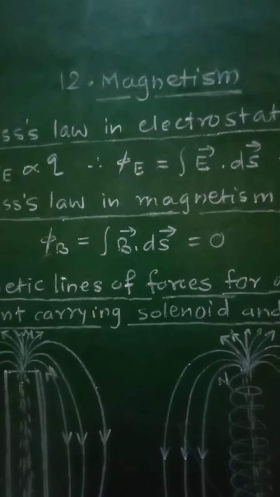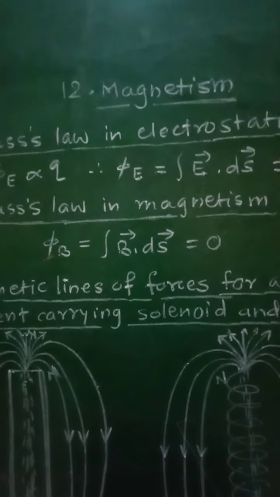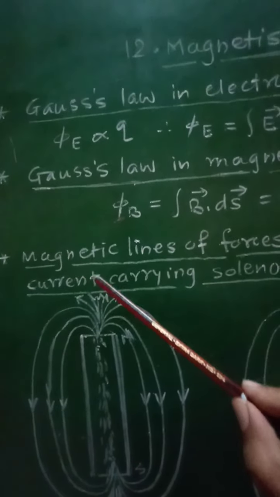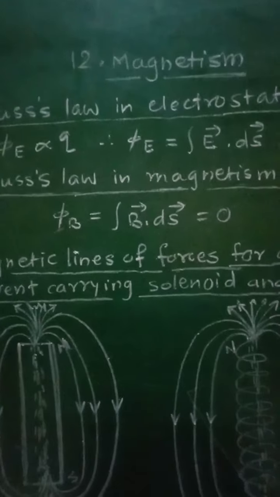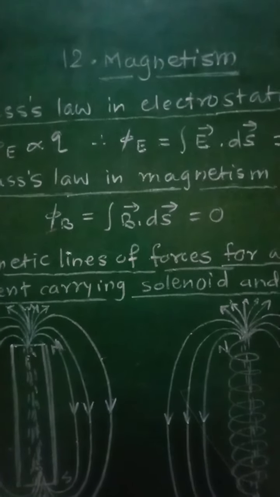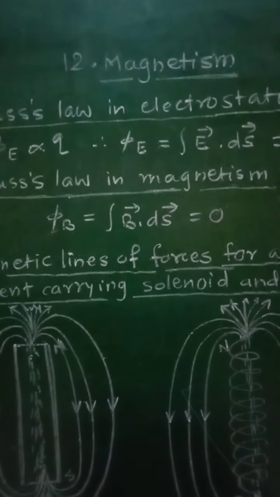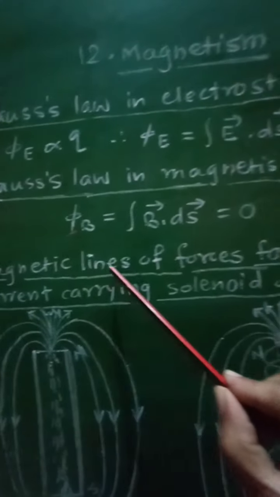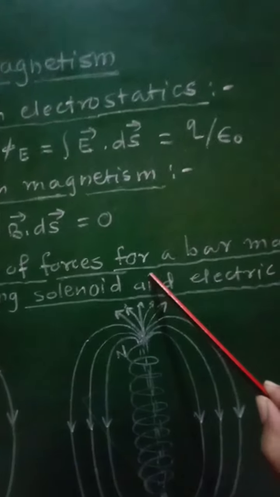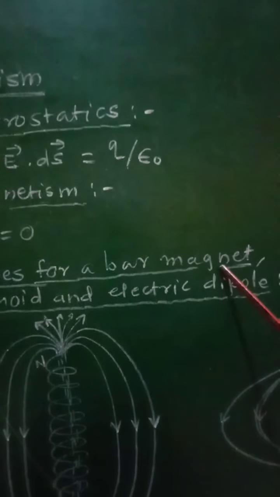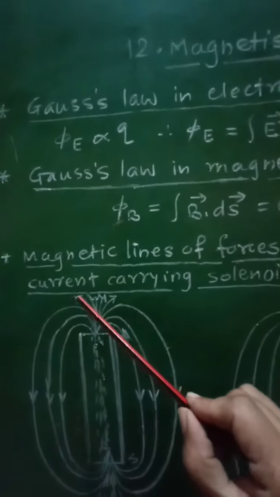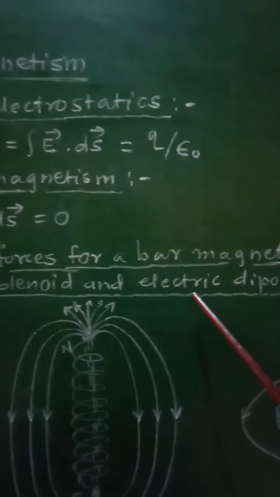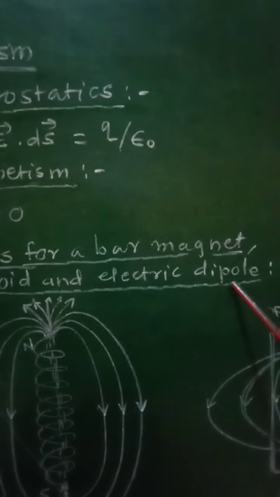The magnetic lines of force, if you consider, these magnetic lines of forces will be shown for different bodies. So let us see the magnetic lines of forces for a bar magnet, current carrying solenoid, and the electric dipole.